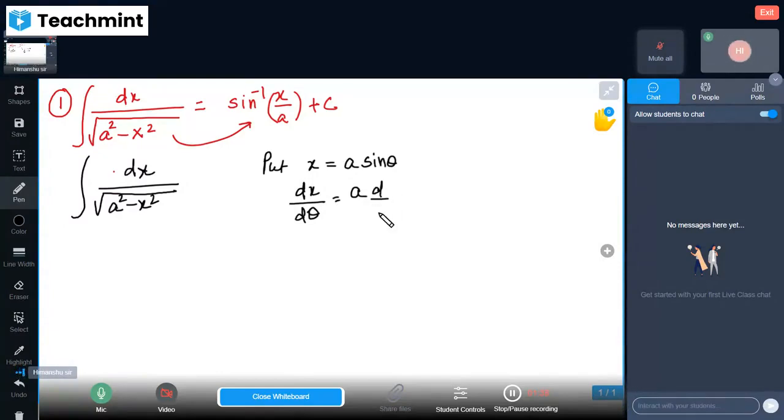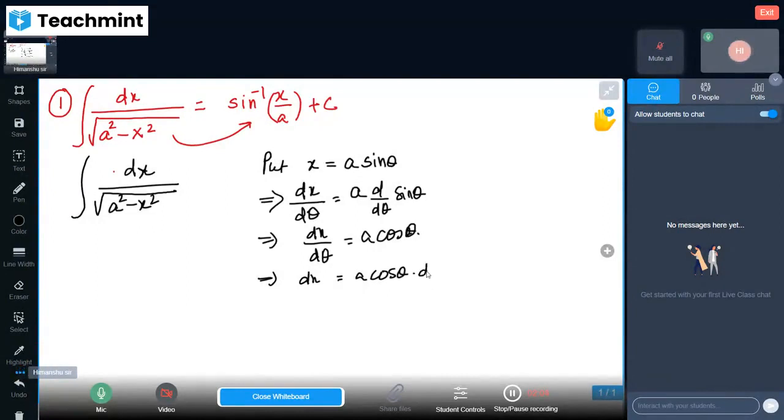So d by d theta of sine theta is cos theta, so dx by d theta is a cos theta, and that implies dx will become a cos theta d theta.